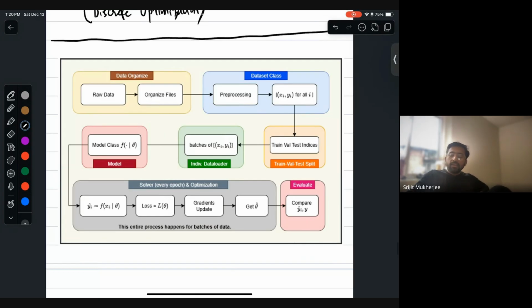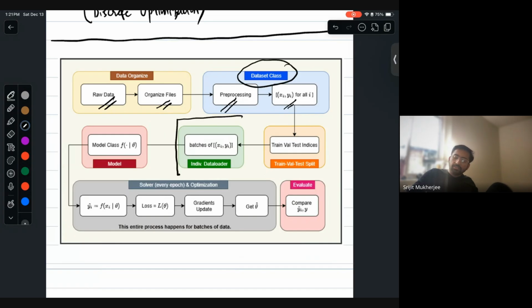Ideally, you have raw data, you organize the files, then do some pre-processing, and all these things will be coming next year. We build something called a dataset class in PyTorch. I'll be doing all these things with you again. But I'm telling you one important thing, that is this one.